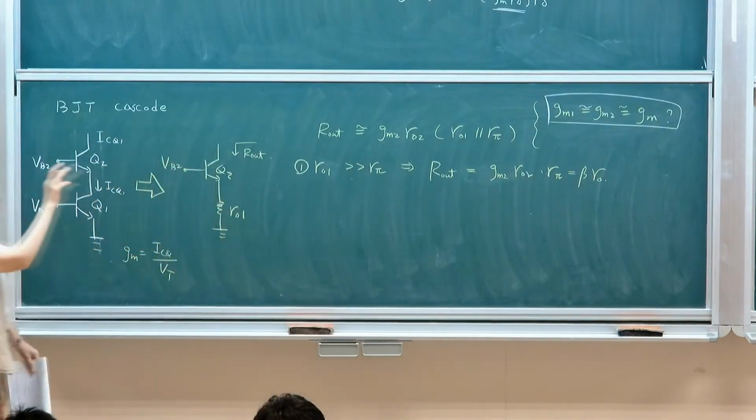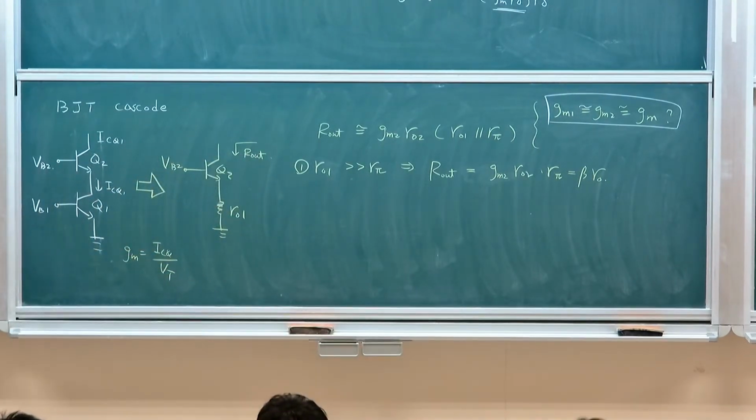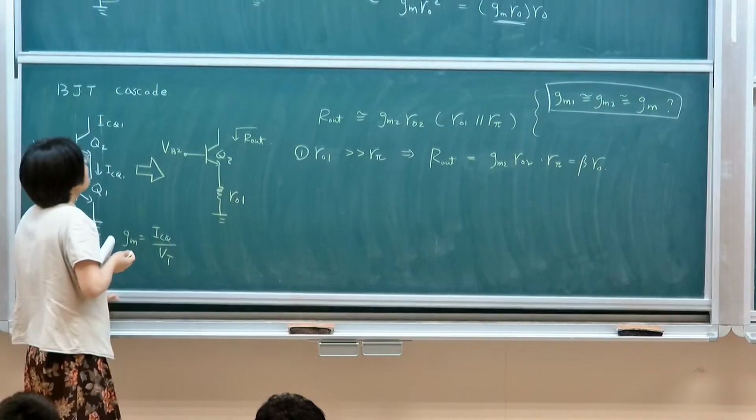In MOSFET, it's harder for me to say that. It's because in MOSFET, you could use W over L to adjust so that not necessarily both of them have the same GM, even though their current can be the same. The current through a cascode structure, remember, I want to say it again.